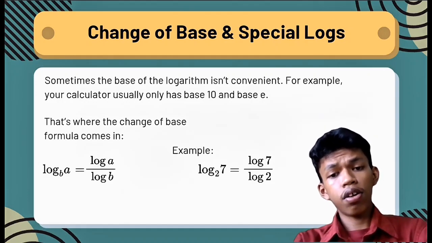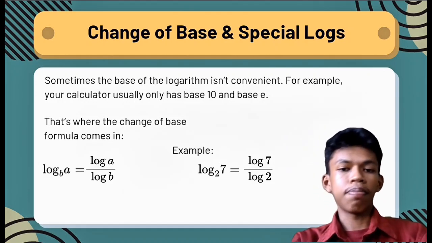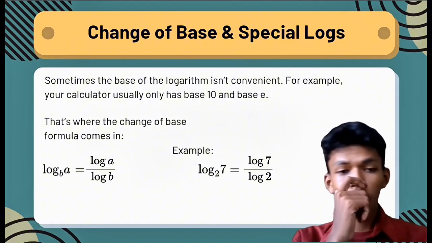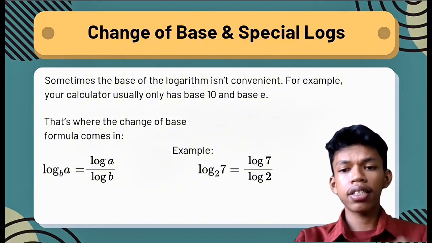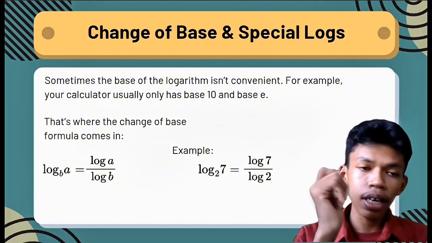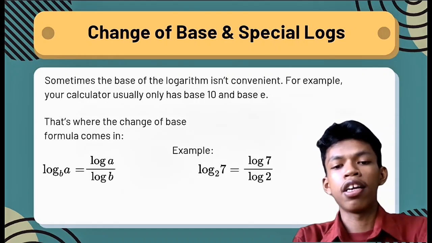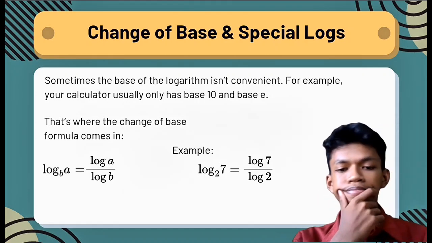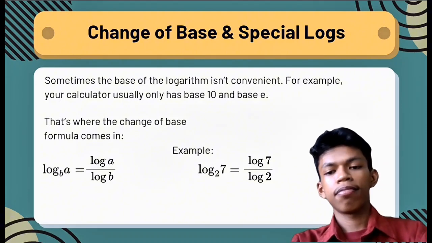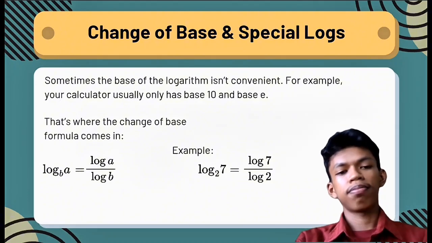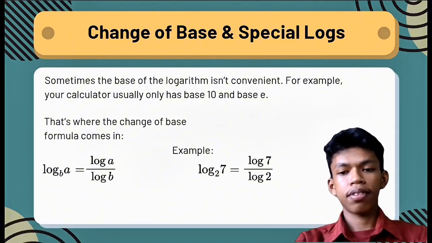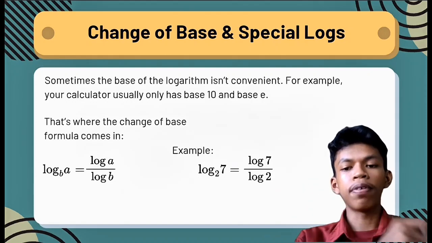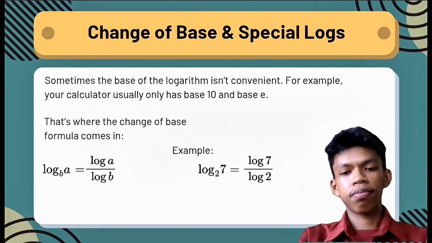So what does it mean? It means if you want log base b of a, just take log of the number divided by log of the base. Super simple. Example: log base 2 of 7 is log 7 over log 2.